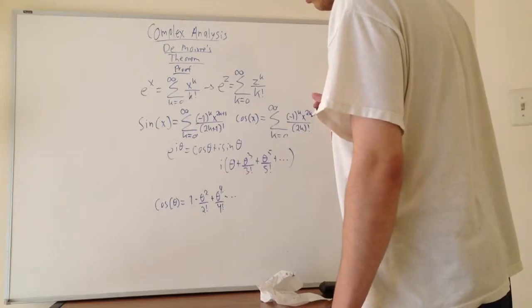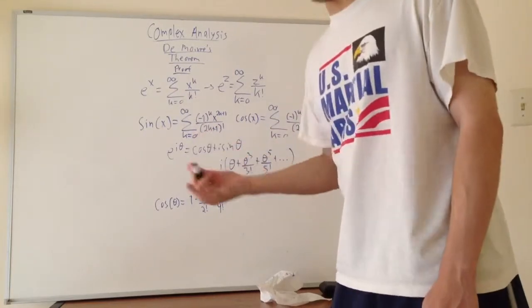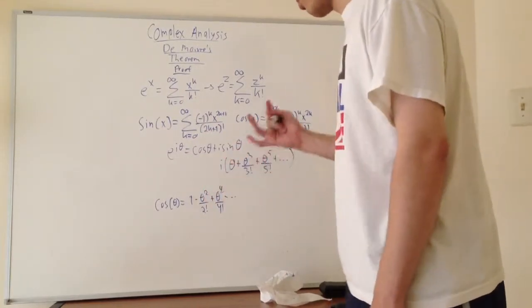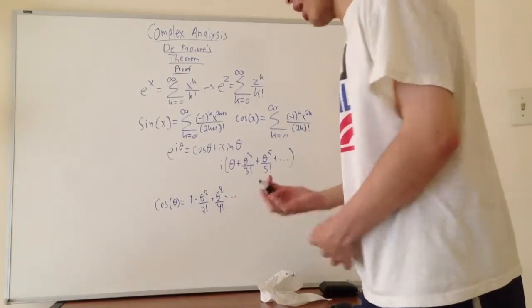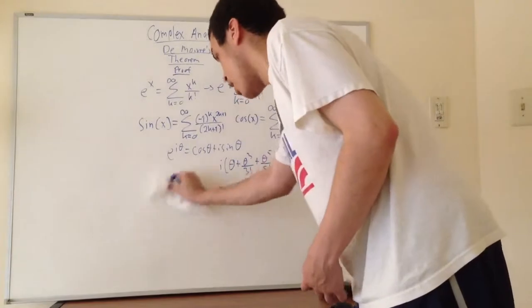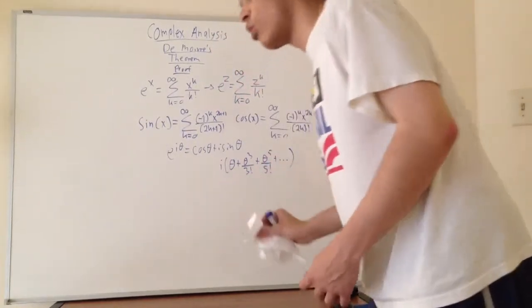Now, I already showed what e to the z looks like, and remember, we can just replace that z with i theta, and you'll see the powers. I'll just go ahead and write everything out, just so it's all clear.